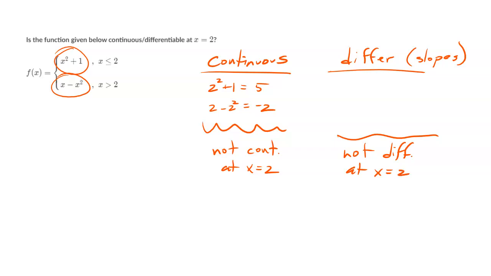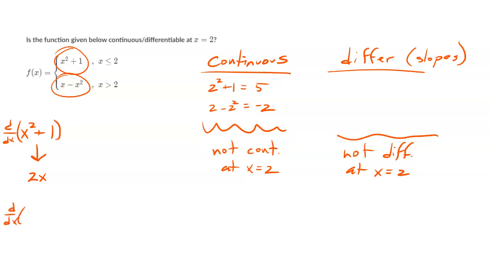Now, we're going to pretend that we didn't know that, and I'm going to go through the work on how to do this with you. So x squared plus 1, the derivative of x squared plus 1, I'm just going to give you the answer. This is the notation that shows that I'm taking the derivative of x squared plus 1. The derivative of x squared plus 1 is 2x.